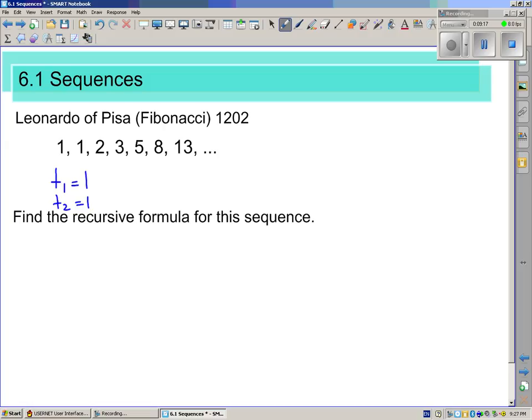What would term number 3 be? But you're going to have to tell me that in terms of term number 1 and term number 2. It's not the easiest, but if you know the sequence, it is. 1, 1, 2, 3, 5, 8. Fibonacci created this sequence.